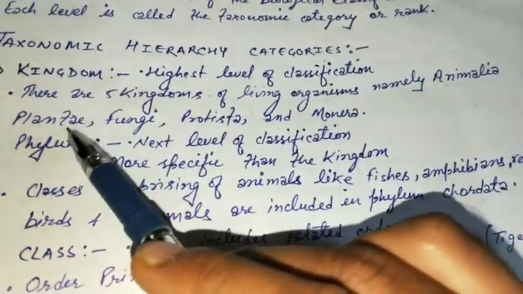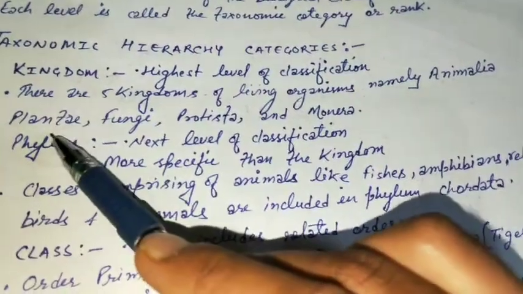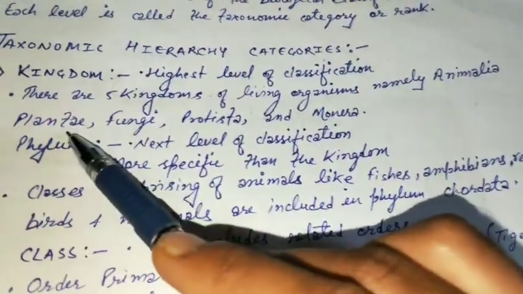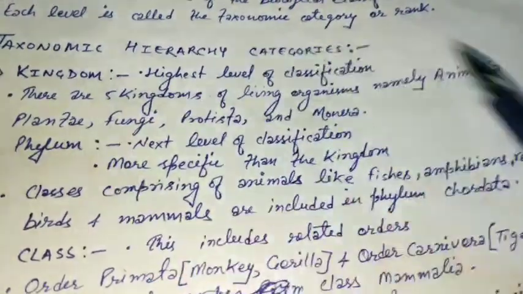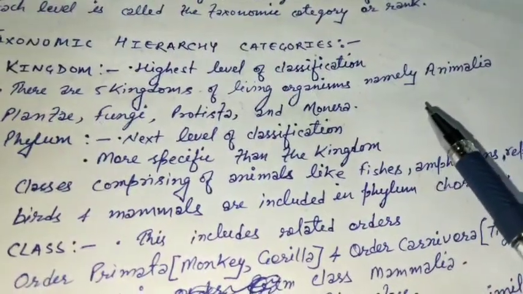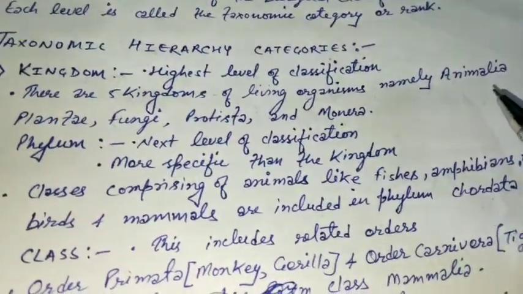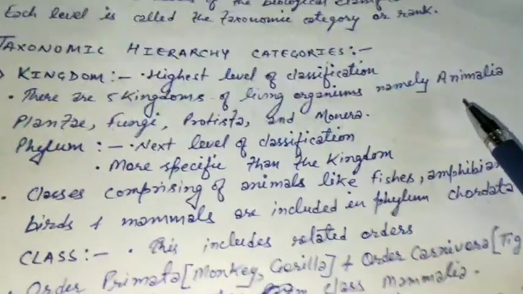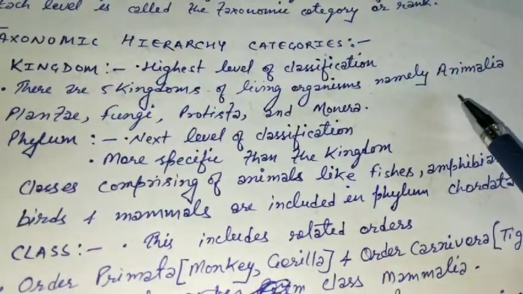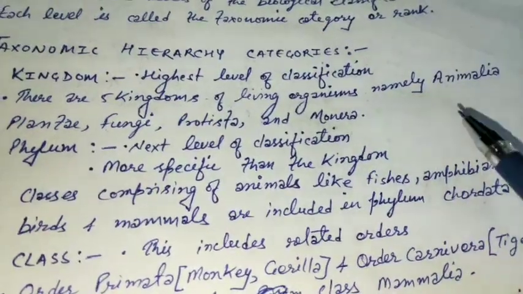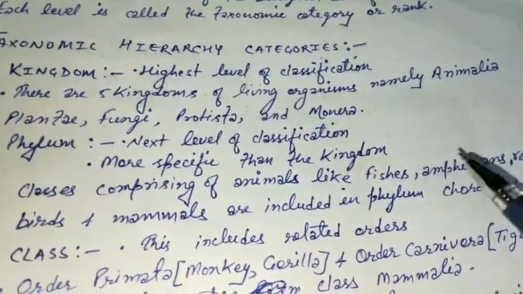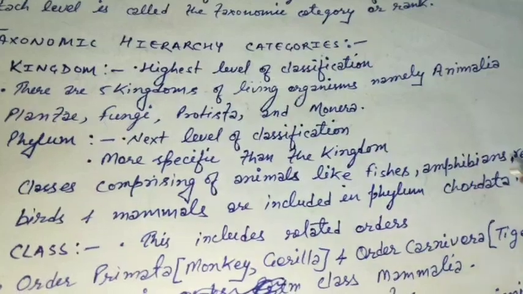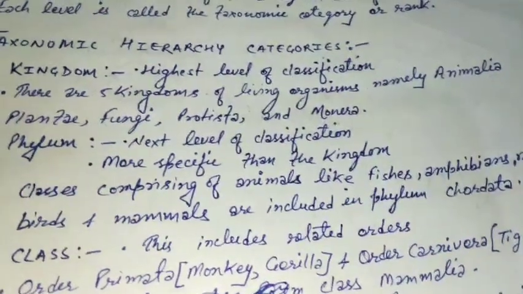Plant kingdom includes the algae, bryophytes, pteridophytes, gymnosperms, and angiosperms, while animal kingdom includes all the animals. So, kingdom is the highest taxonomic rank. All animals belonging to various phyla are assigned to the highest category called kingdom.